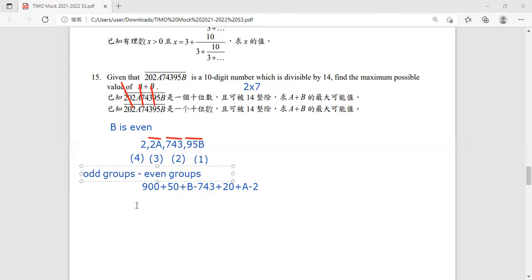Then I get A plus B plus 225. Now, this number must be a multiple of 7.